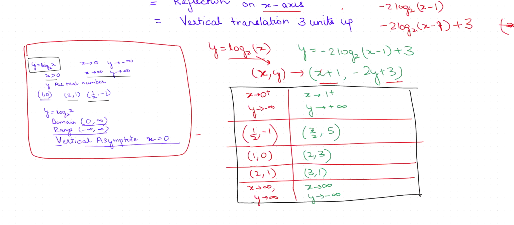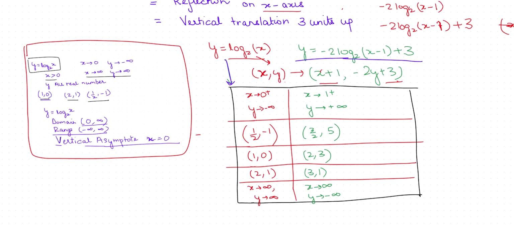So we see that this is the basic function which we had, y is equal to log base 2 of x, and this is the new function, the transformed function, minus 2 log base 2 of x minus 1 plus 3.